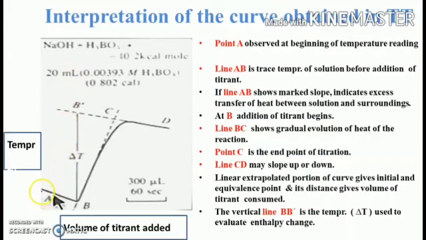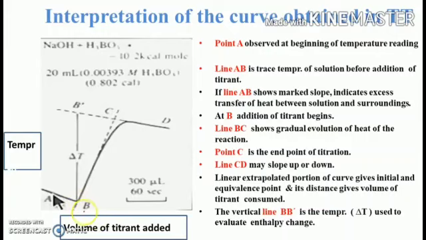This is point A. It is observed at the beginning of the temperature reading. This is line AB. Line AB indicates the trace of temperature of the solution before the addition of titrant. If the line AB shows a marked slope, it indicates that there is an excess transfer of heat between analyte and surroundings.